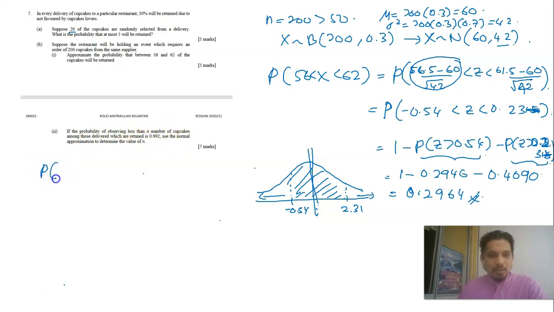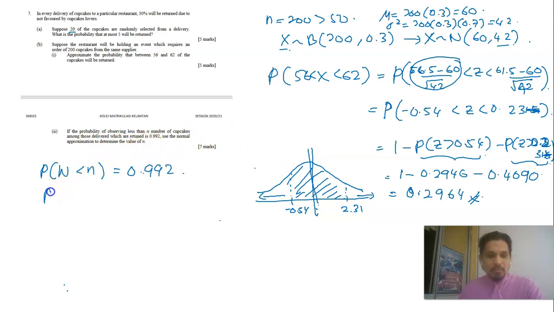So for this one, we come up with a variable W, observing less than n number of cupcakes among those delivered, which is 0.992.